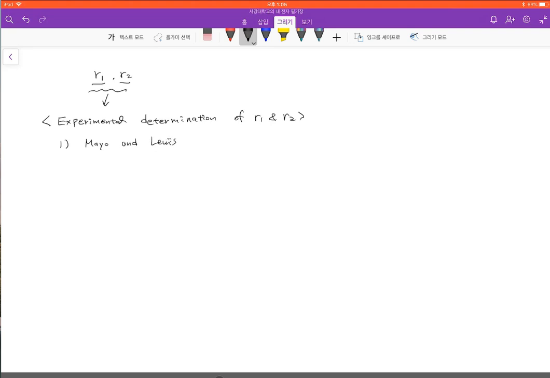Overall, there are two different methods, but they are pretty much the same. The first method is called the Mayo and Lewis method, which was proposed and developed by Mayo and Lewis. You might recall the copolymer equation.